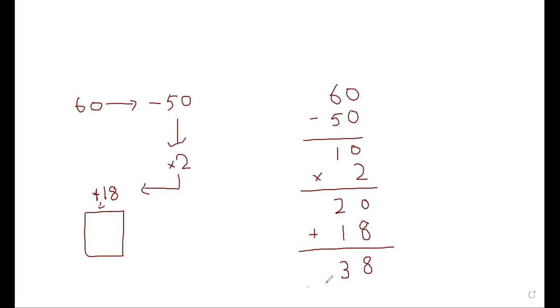The final answer I get is 38. So in this empty box, I'm going to write 38. So this is my answer. Now come back to the book.